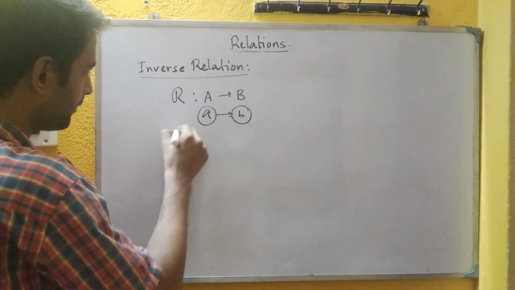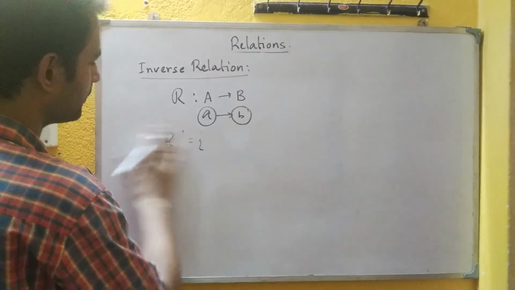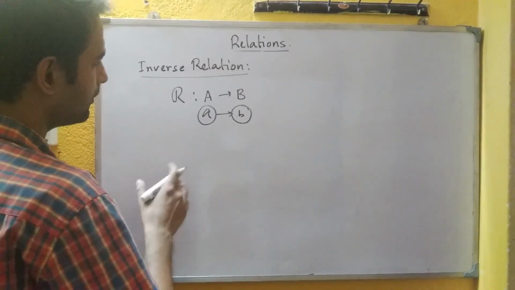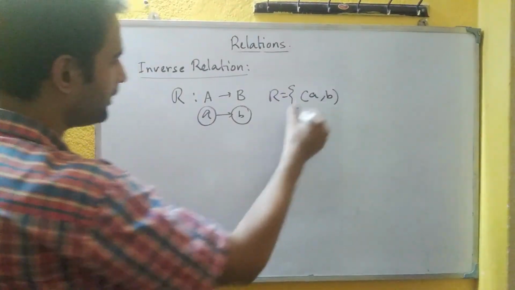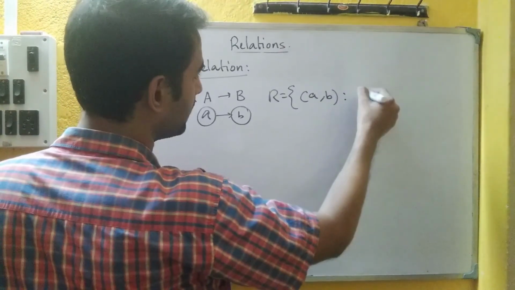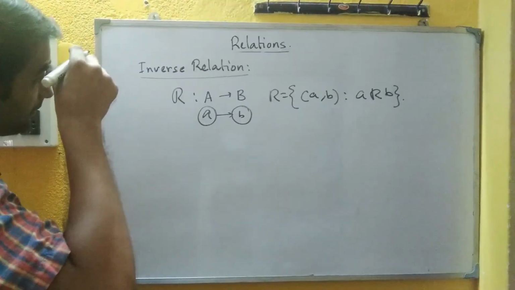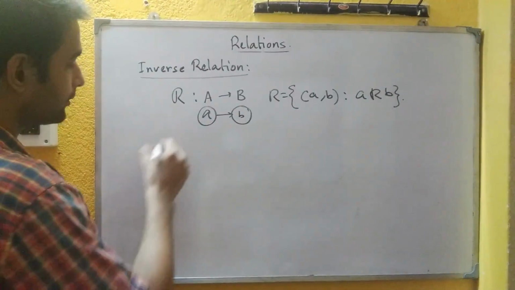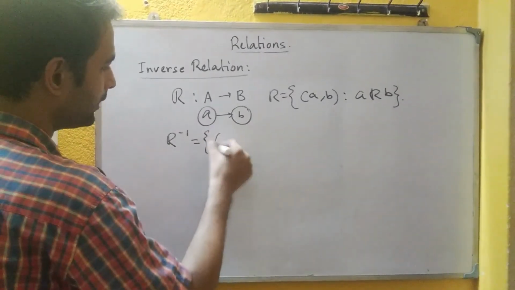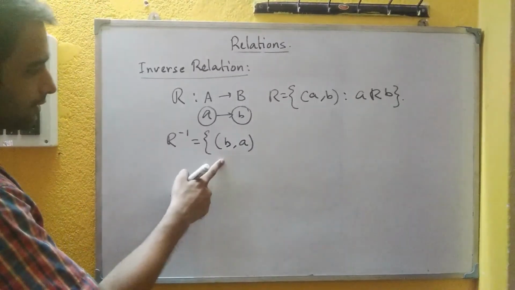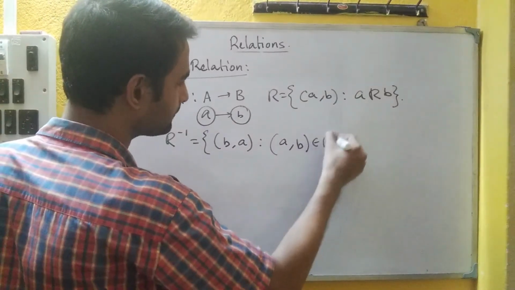The inverse relation is usually denoted by this symbol R inverse, and it is defined to be the collection of all the reverse ordered pairs, that is B comma A, such that A comma B is in R.